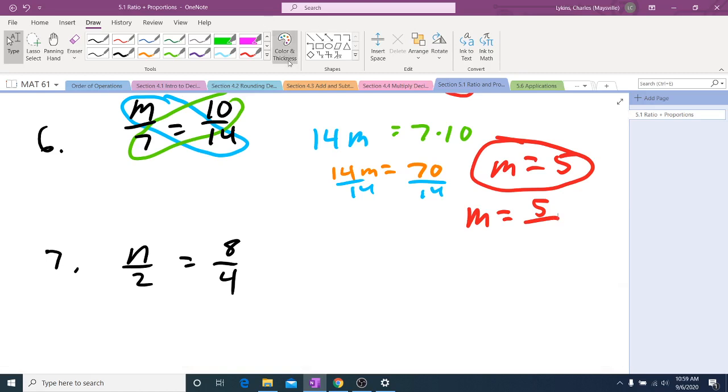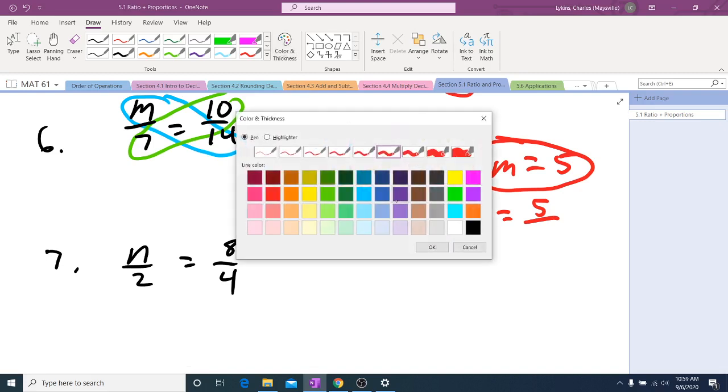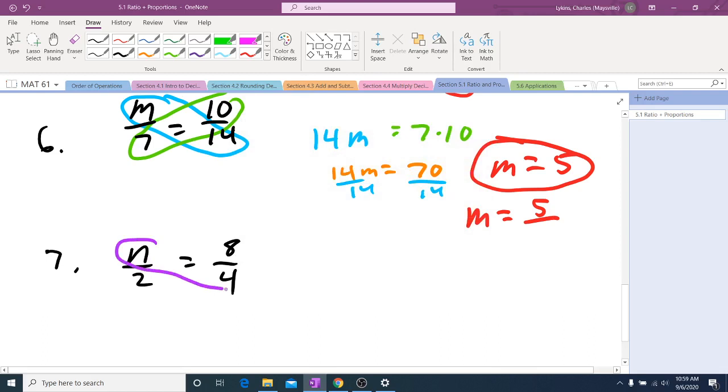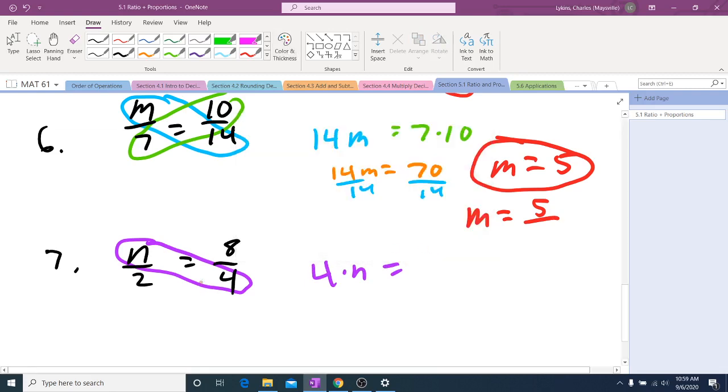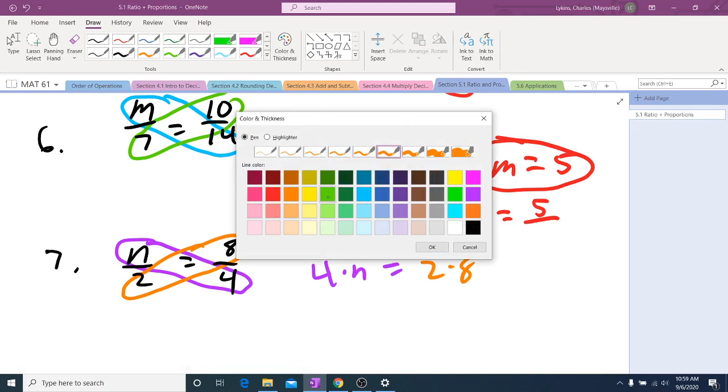So remember, 4 times n equals 2 times 8, or, I mean, it's the same thing as 8 times 2. It doesn't matter the order with multiplication.